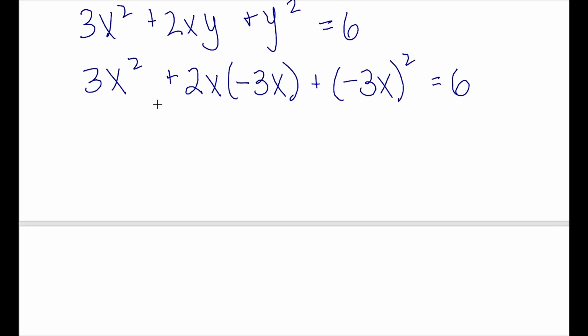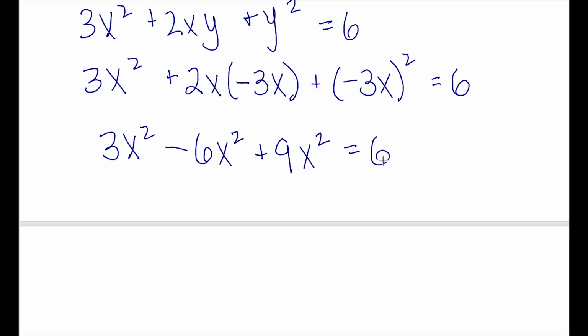Okay, so we'll distribute, simplify. So we have 6x squared equals 6. x squared equals 1. So x equals plus or minus 1.